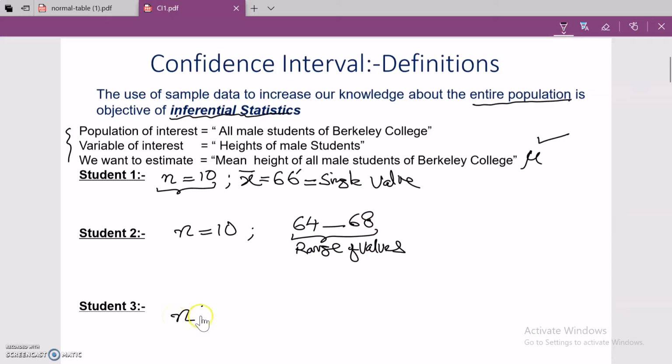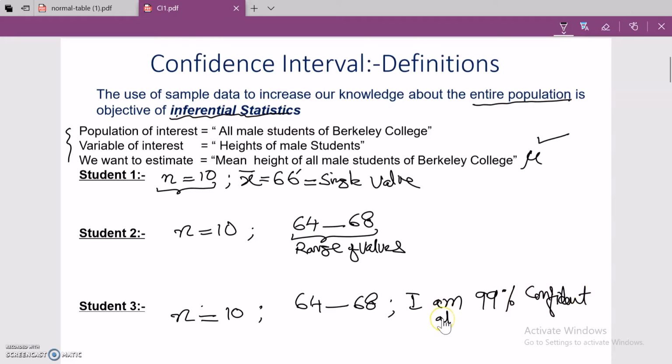He said, Professor, I did the calculation also by using a sample of 10 students, and I think the average height of all the students is between 64 and 68 inches. And look at what he said after that: and I am 99% confident about it.